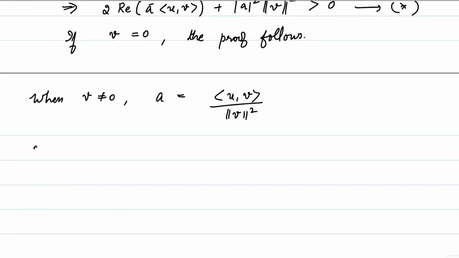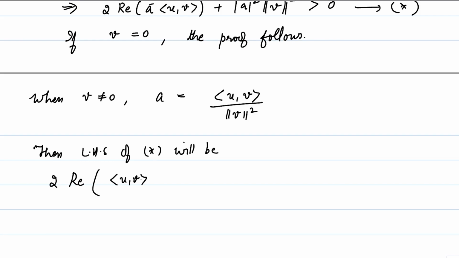Then the LHS of star will be 2 times the real part of A bar, which will be the inner product of u comma v bar by the length of v square. The length of v is a real number, so this is just a real number, times the inner product of u comma v.